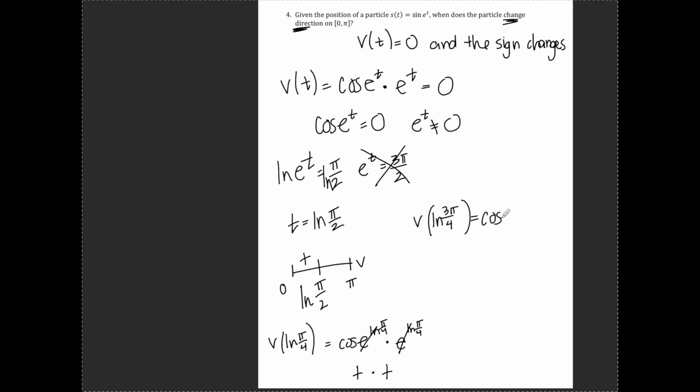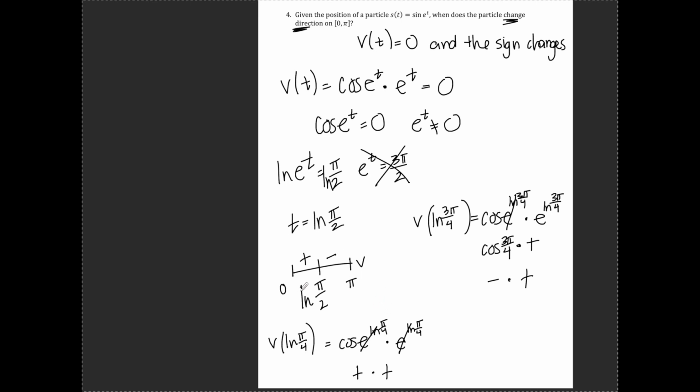So I have cosine of e to the ln of 3 pi over 4 times e to the ln of 3 pi over 4. Over here, your e and your ln cancel. Cosine of 3 pi over 4 is negative, times e to the ln of 3 pi over 4 is a positive number. So a negative times a positive is negative.